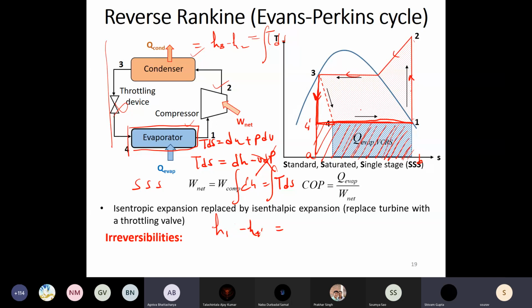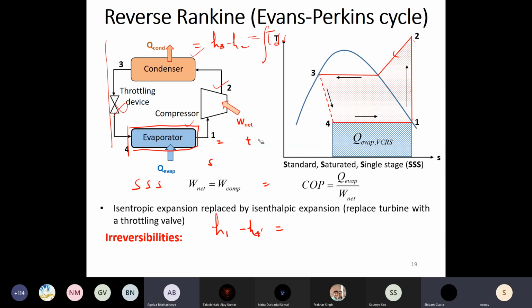So this would be the net heat transfer in the condenser. So just by looking at the area under the TS diagram, I can conclude about the change in enthalpy across the component. That's why we prefer the TS diagram in most of the cycle plotting.